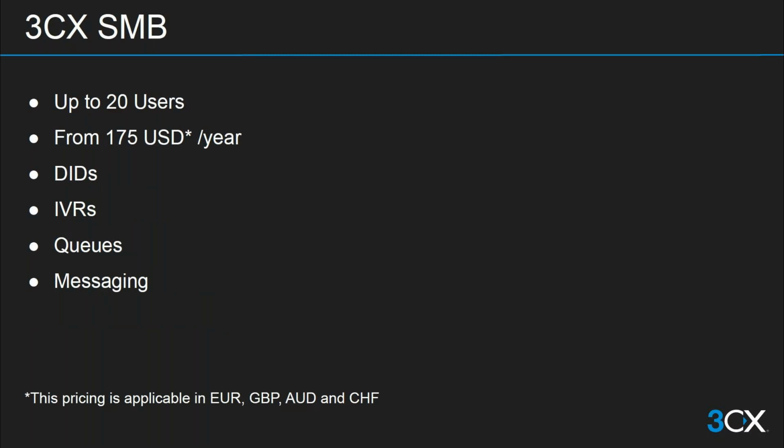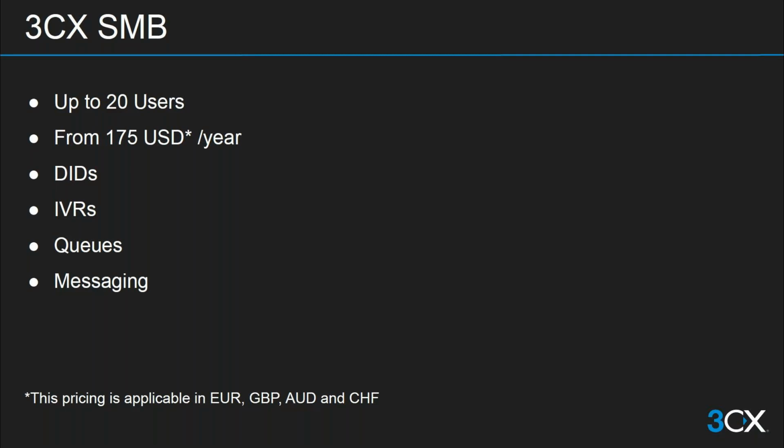SMB, you have up to 20 users from $175 per year. The correct pricing can be requested on our end from Breeze Connect. They can give you a quote. You can add DIDs to it, you can add IVRs to it, you can add queues to it, and you can also add messaging to it.